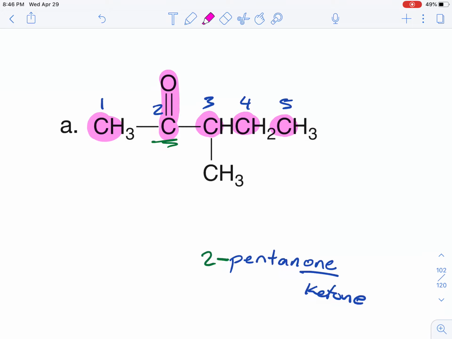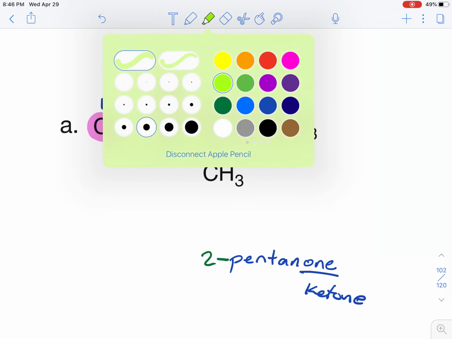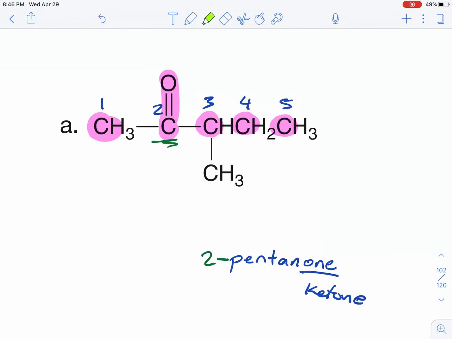And so after you guys have performed that specific step, you just need to describe the carbon number of your substituent, and also describe your substituent. So here I have a methyl on the 3rd carbon, so I'm going to say 3-methyl.